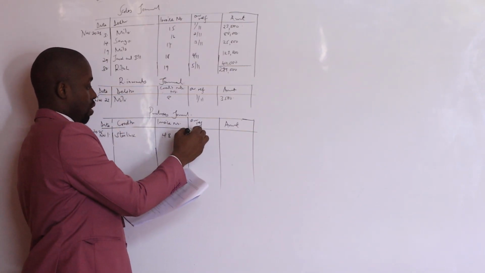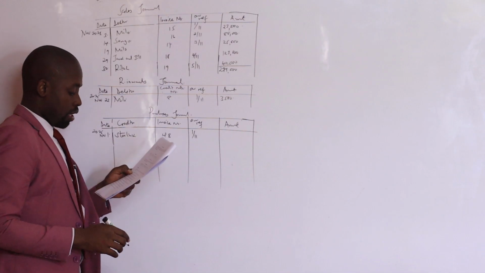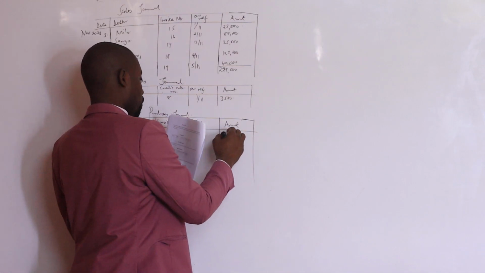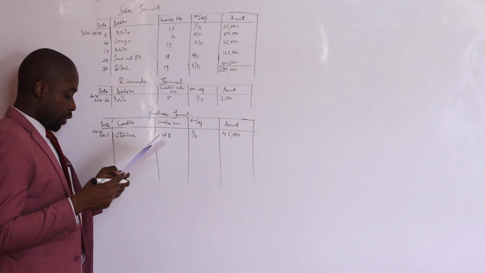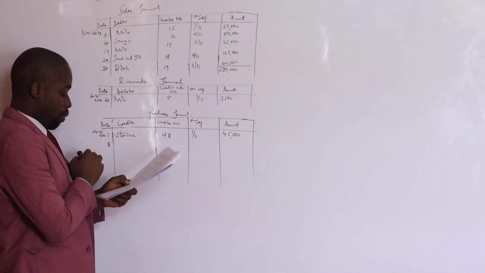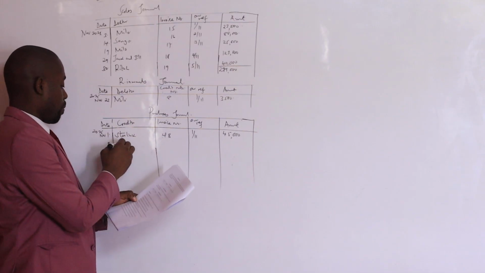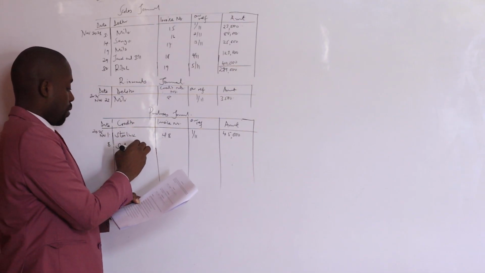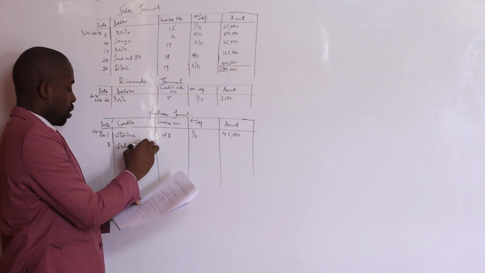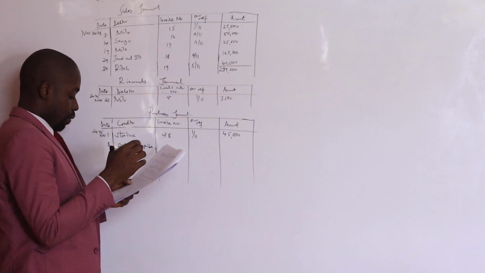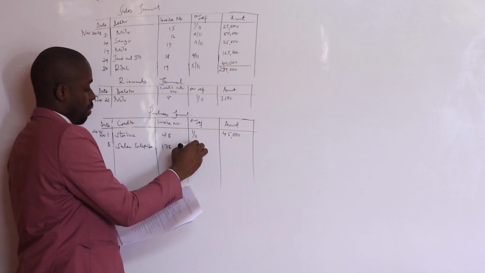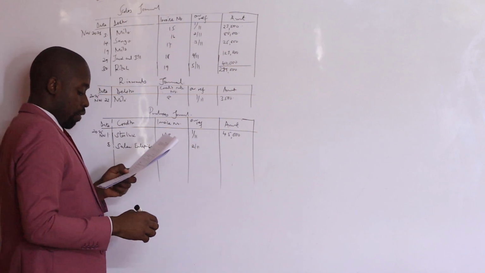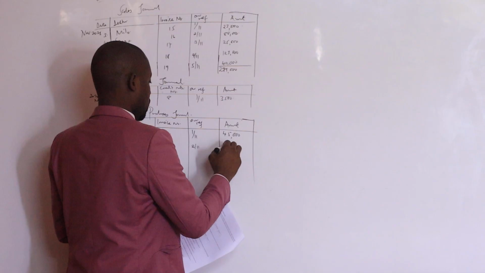The first in the month of November, the first purchase, the worth is 45,000. Next one is on the 8th, we bought goods from Salam Enterprise. Invoice number is 176. Second in the month of November, the worth of the transaction is 75,000.